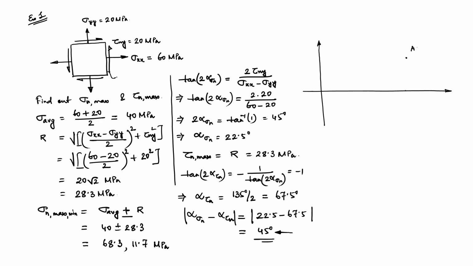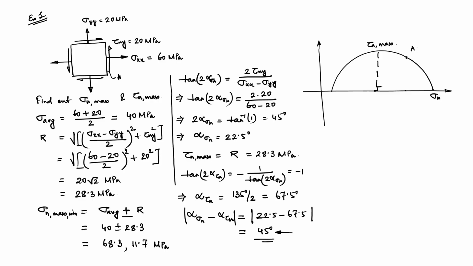This is marked A, and sigma average will be somewhere here. If we draw the circle, okay. So, what we have here is our sigma n max, and this is our tau n max.